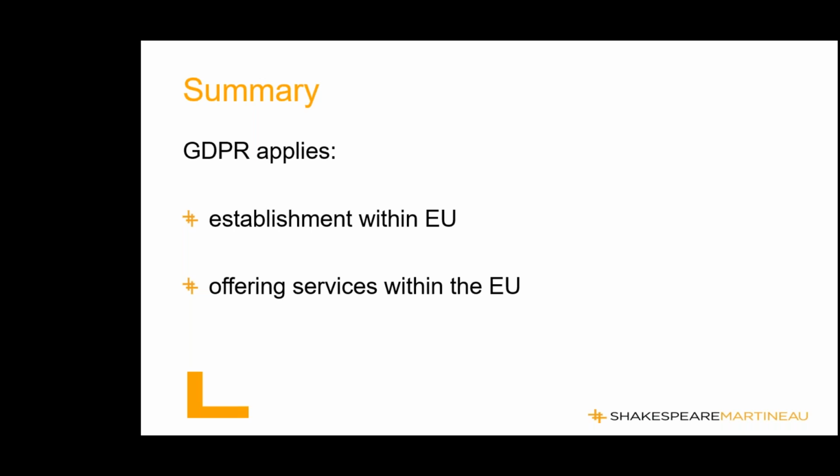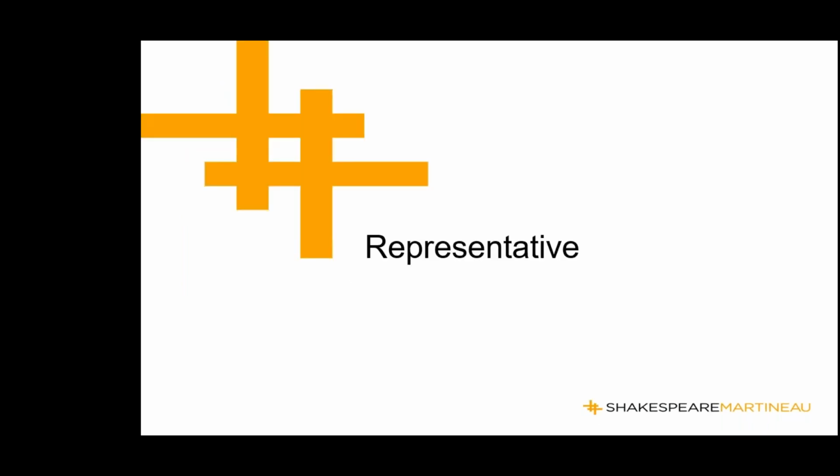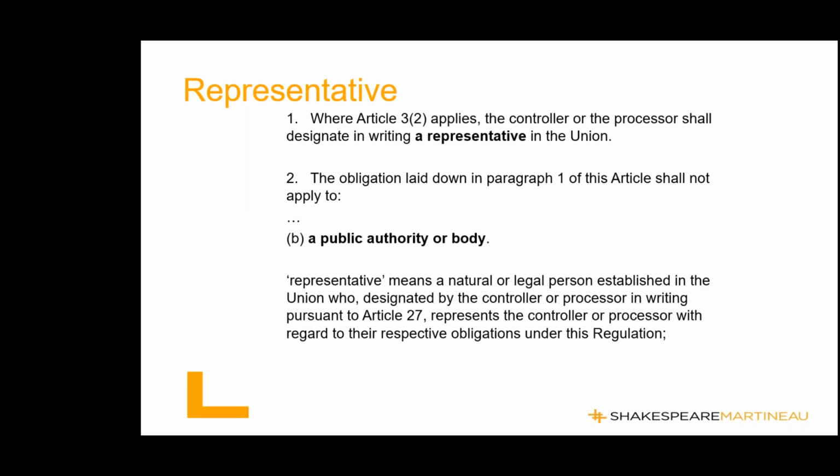In respect of the establishment within the EU, GDPR will apply directly to that establishment. Where services are being provided within the EU, one of the consequences is that the non-EU UK institution will have to appoint a representative. So this is where Article 3.2 applies. This is the provision on targeting services.